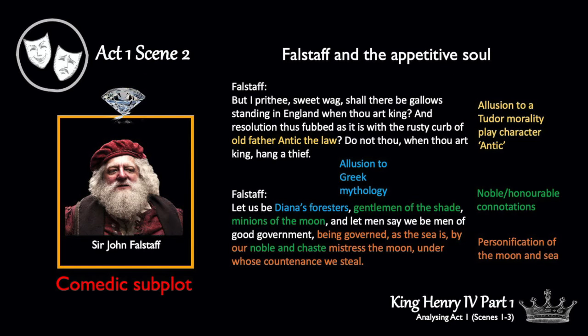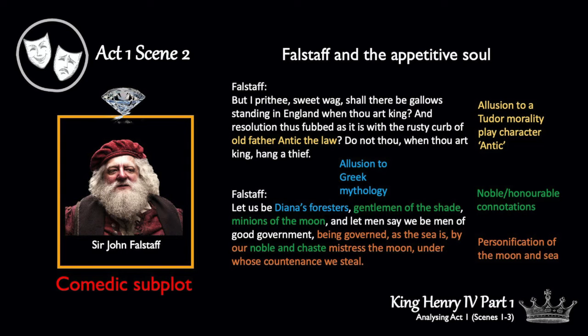In addition to his appetitive attributes, Falstaff has also been called the apolitical aspect by some critics, meaning he advocates for a world where the government and its silly rules can be put aside. He speaks of casting aside old Father Antic, the law, a reference to a well-known clown character from traditional Tudor morality plays called Antic, a vice character of chaos occasionally associated with death.